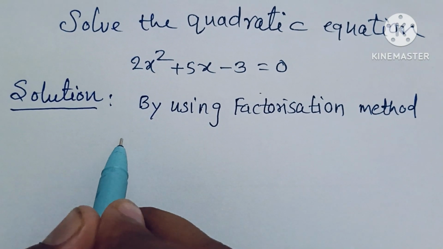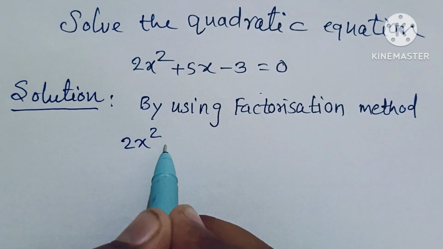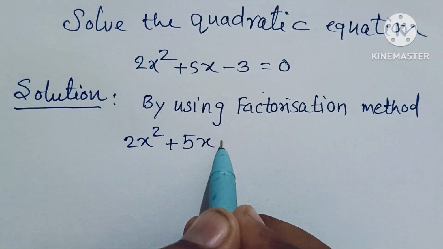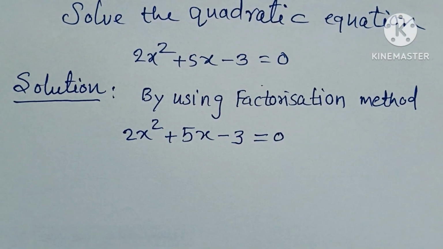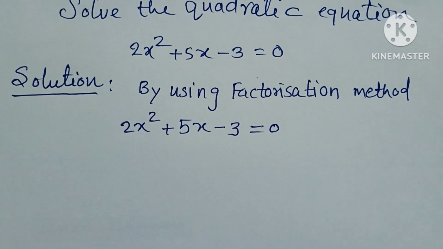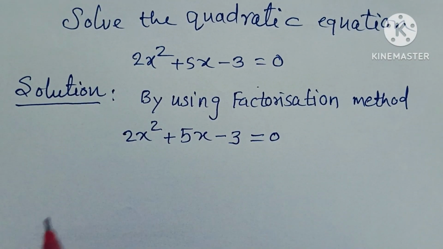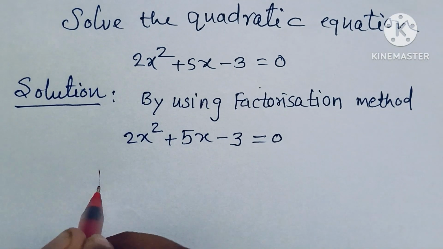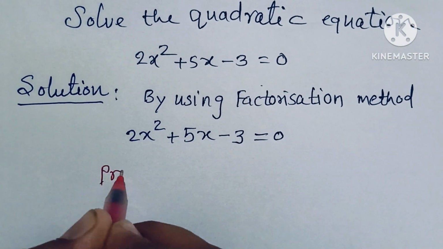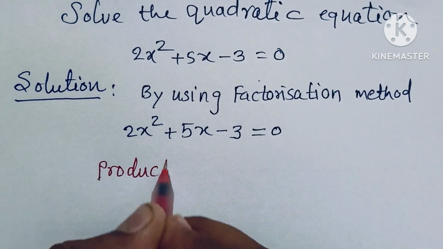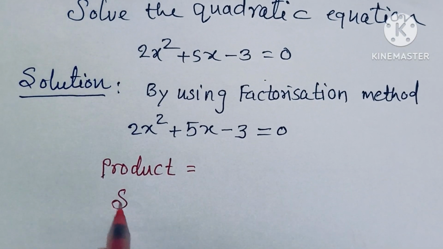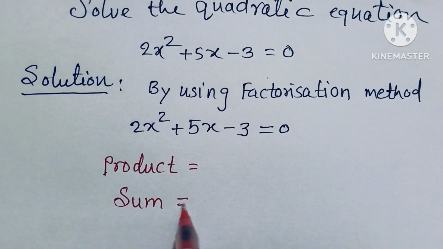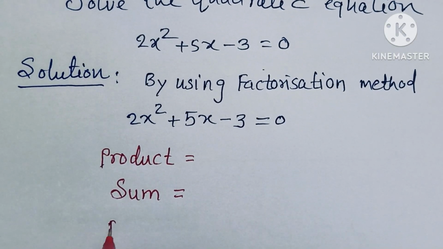How can we solve 2x square plus 5x minus 3 equal to 0? For this we must know three things. First one is product. Second thing is sum. And third thing is factor.